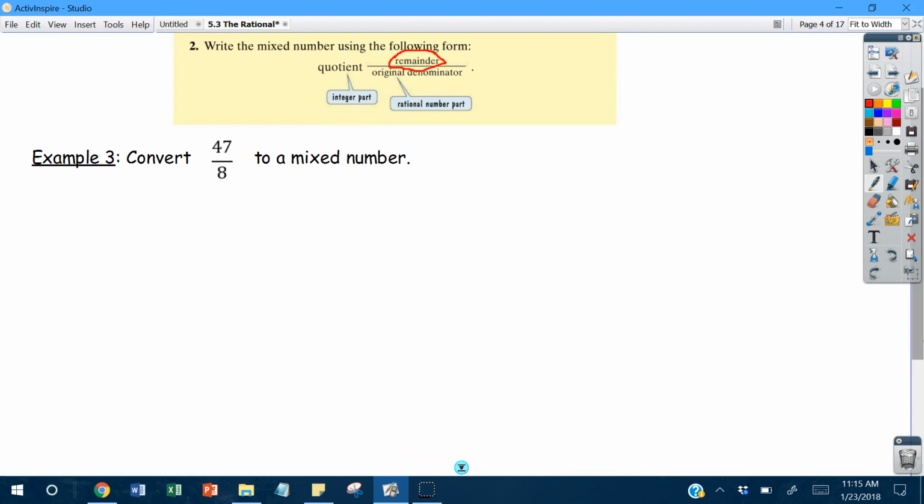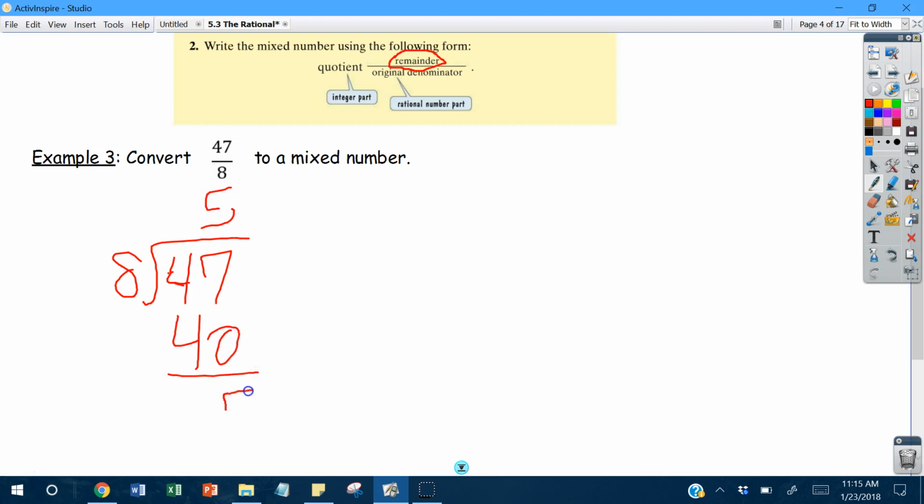Let's do long division. We'll do 47 divided by 8, and that's not going to be even, so we'll end up with a remainder. And 8 goes into 47 5 times. You do the multiplication, you get 40, a remainder of 7, and we're going to stop here. Okay, so now we've got some pieces here.